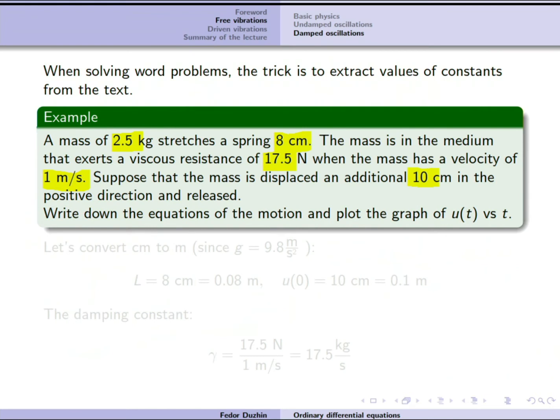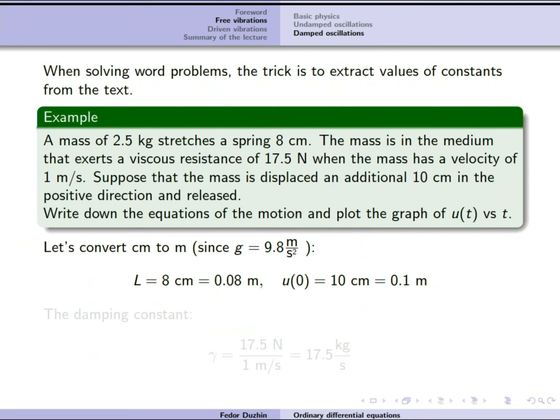So all these numbers, they're going to become some parameters in our differential equation. And so the first thing to do is to convert centimeters to meters, and this additional 10 centimeters become the initial value.